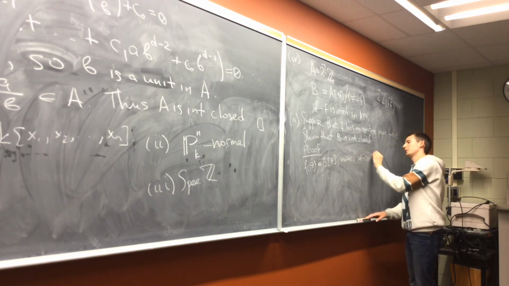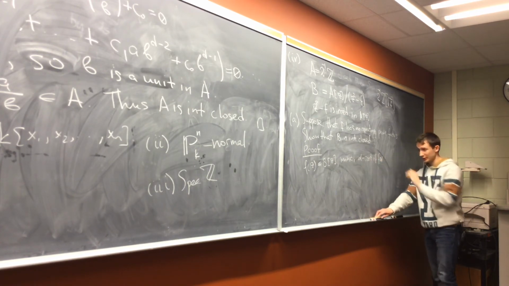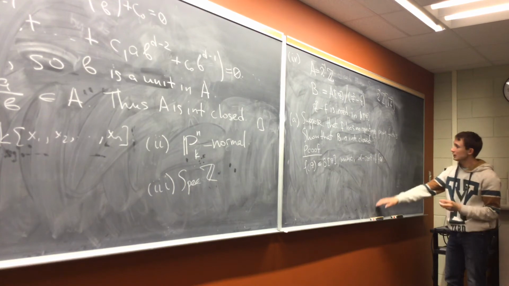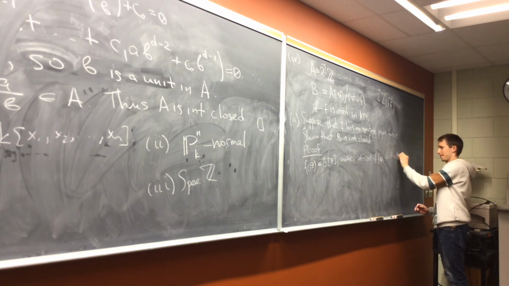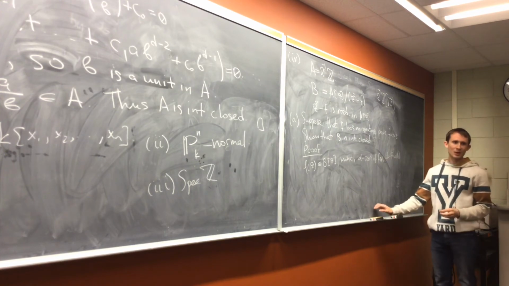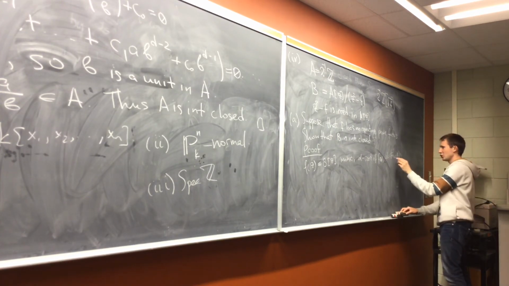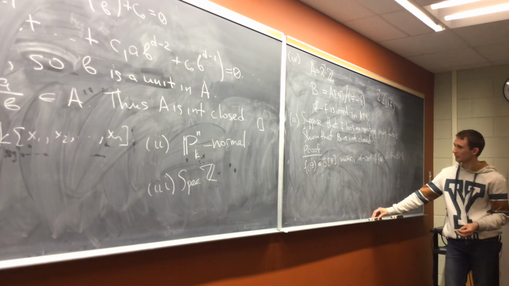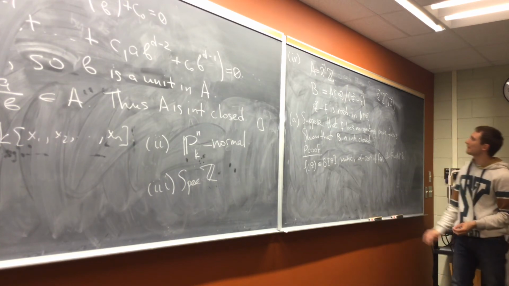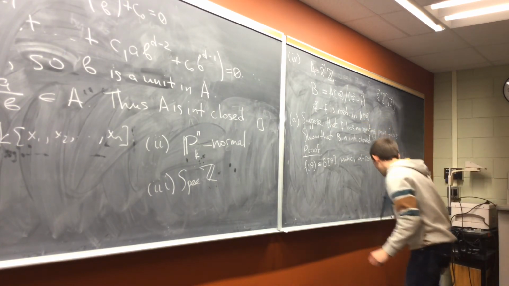Alpha is a root of F(z), and alpha is in the fraction field of B. And further, I'm going to suppose that it's in the fraction field of B, but it's not in B. Okay? Cool?